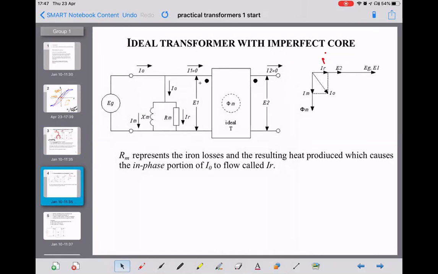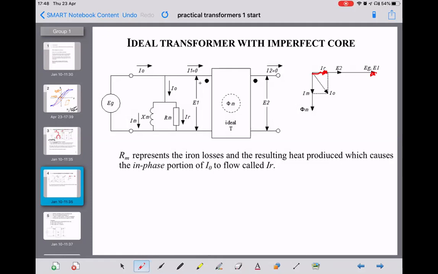If we look at the phasor diagram of these quantities, EG is across the top here, that's your reference, and the resistor current is in phase with that, there it is.